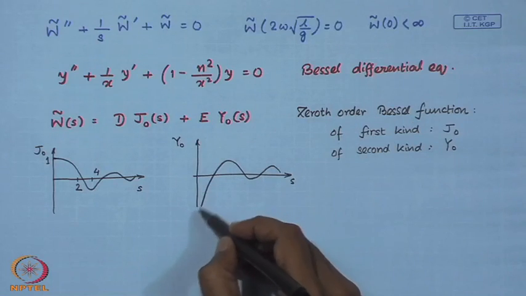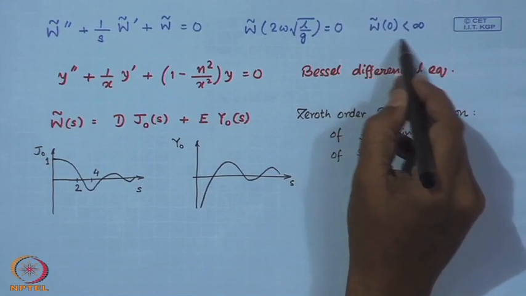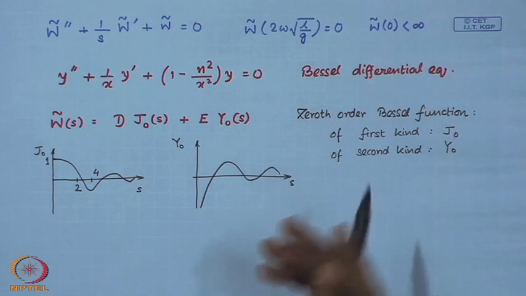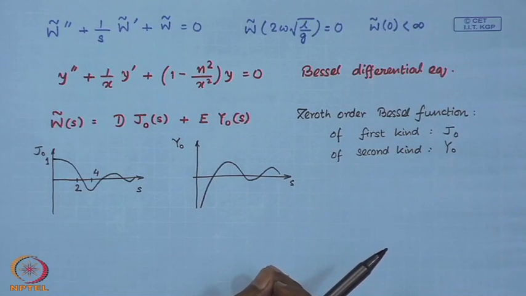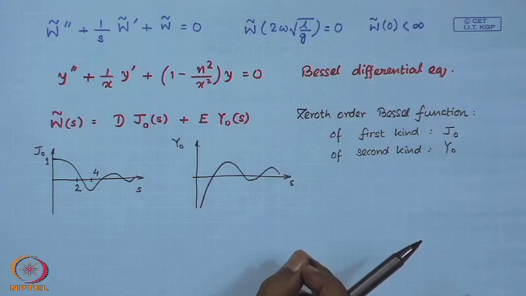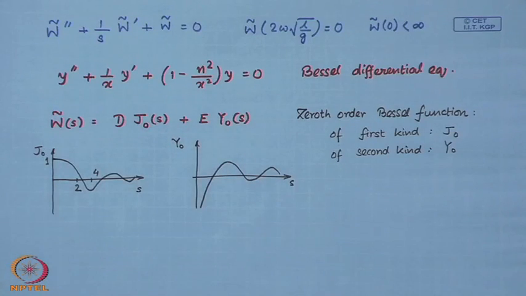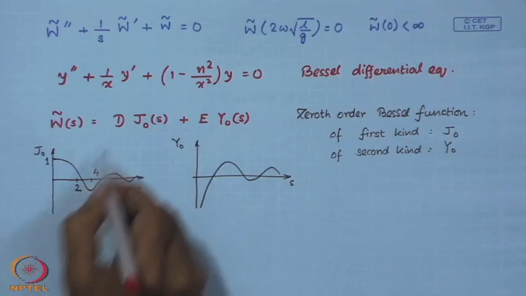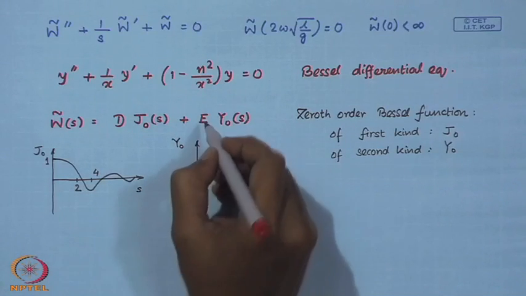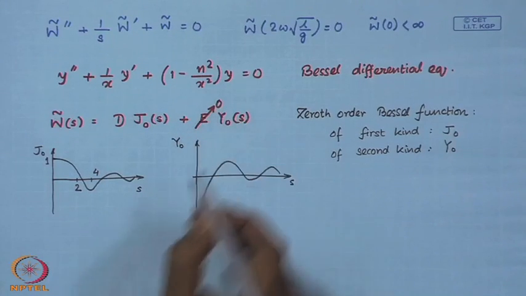This will violate the boundary condition at the free end. So, finiteness of the solution at the free end forces us to select E as 0. So, E must be 0.